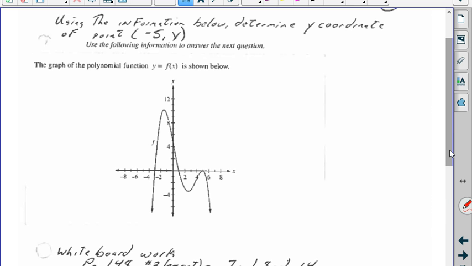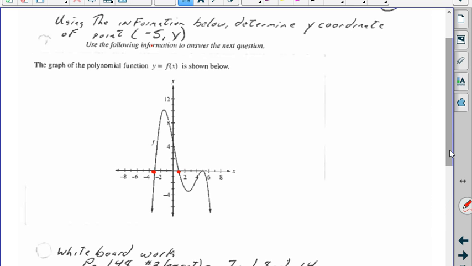I give you a graph, and I want to know what the y-coordinate is when x is equal to -5. That's way over here, somewhere down here, which is not on our graph. We have 4 points of information.